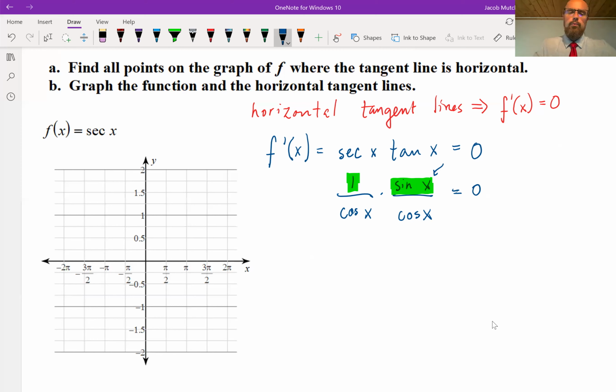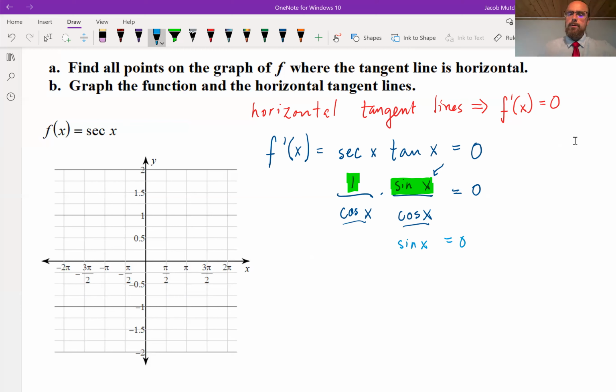Again, I don't really want cosine of x to be 0 because that would make an undefined situation. I don't want undefined, I want actually 0. So my mini equation that'll help me solve this larger equation is going to be simply sine of x equals 0.